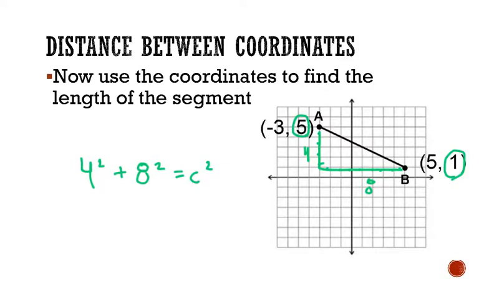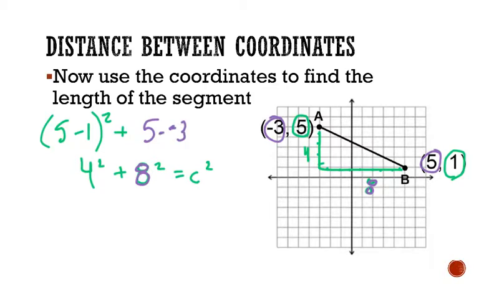That 4 is going to come from 5 minus 1. To that, we're going to add this 8, and that 8, especially if we look at the numbers 5 and negative 3, comes from 5 subtracting negative 3.